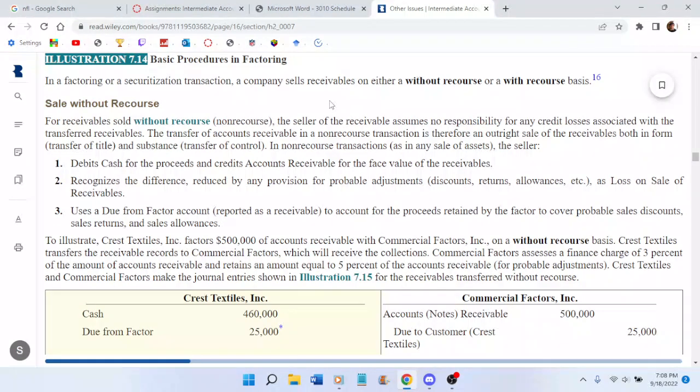The seller debits cash for the proceeds and credits accounts receivable for the face value of the receivables. Recognizes the difference, reduced by any provision for probable adjustments, as loss on the sale of receivables. Uses a due from factor account reported as a receivable to account for the proceeds retained by the factor to cover probable sales discount.